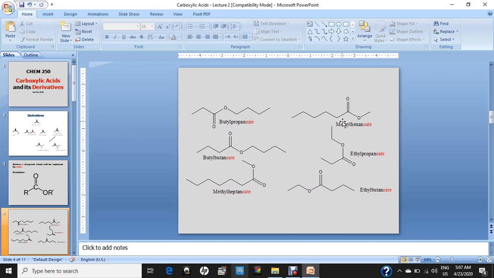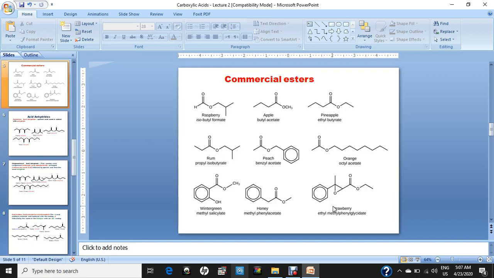Here methyl, 1, 2, 3, 4, 5, 6: hexanoate. Here 1, 2, 3, 4, butyl, and 1, 2, 3, 4, butanoate. Here 1, 2, ethyl, and 1, 2, 3, propanoate. Here methyl, 1, 2, 3, 4, 5, 6, 7: heptanoate. Here ethyl butanoate.